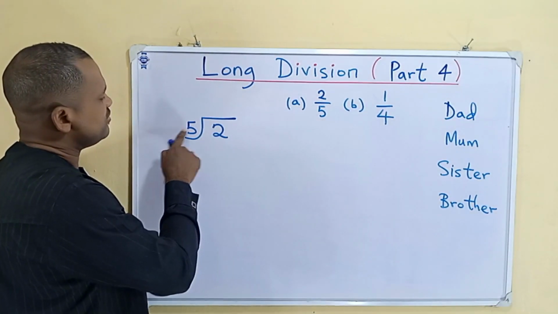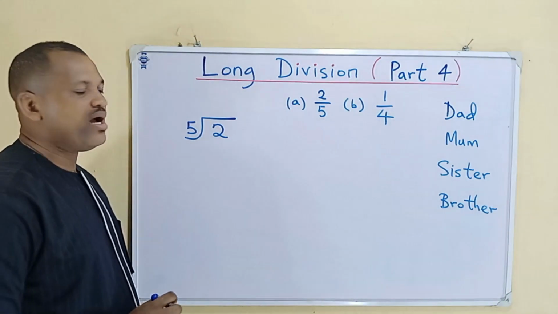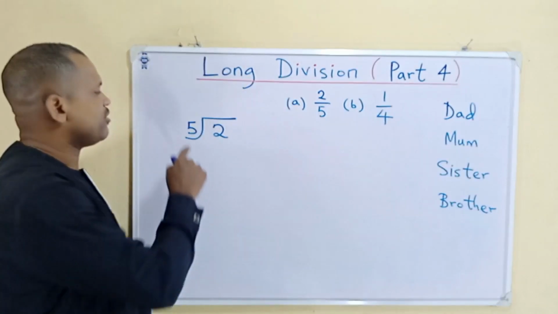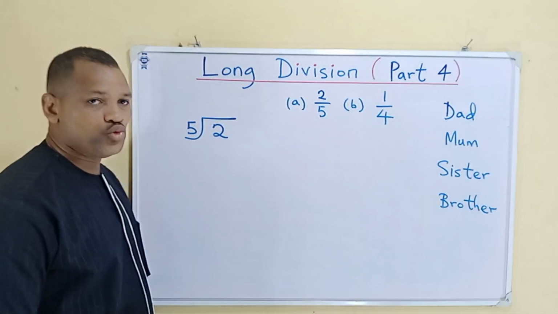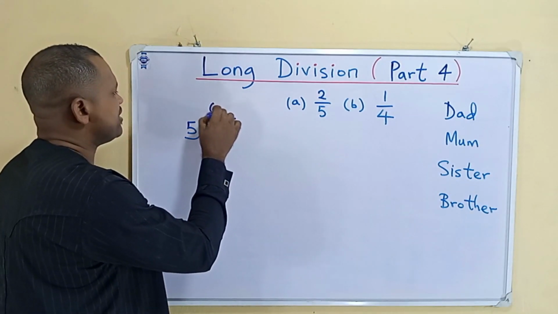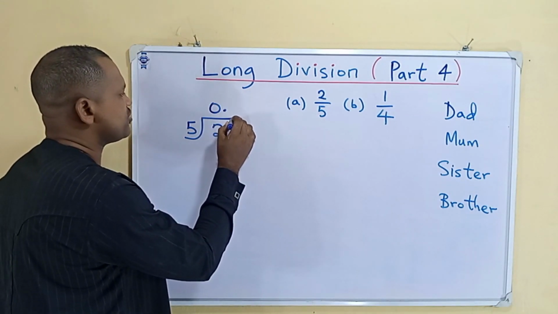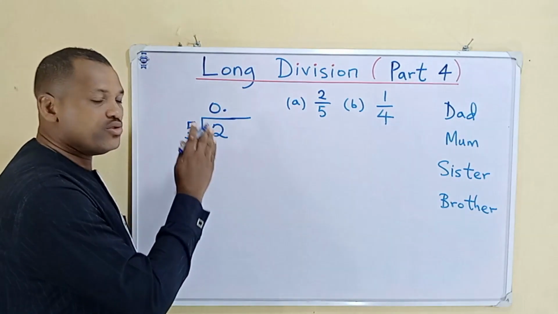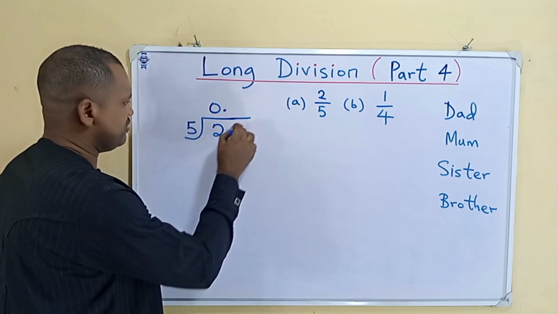5 into 2, how many times? How many 5s can you pull out of 2? Of course, it's not possible because 5 is bigger than 2. What you do is you put 0 here, dot, 0 dot. The moment you do that, you put 0 here.